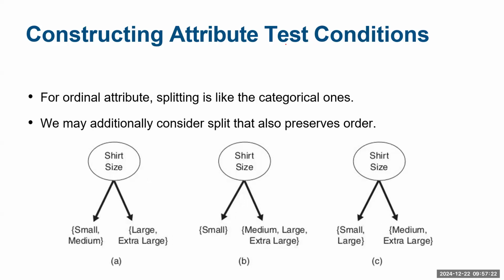For example, if you have the shirt size, you have S, M, L, XL, right? So when you split, you want to find one of these splits, and then one side would be S, M, L, one side would be XL. You don't want to group S and XL together and then M and L together. You want to preserve some order if you want to group them.